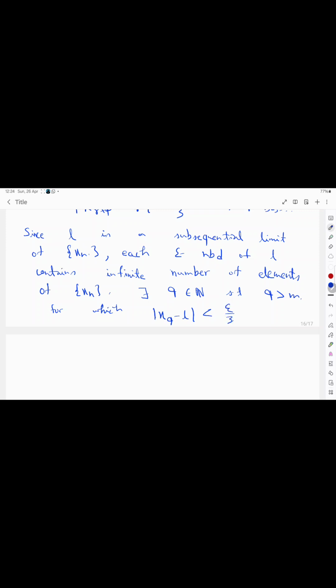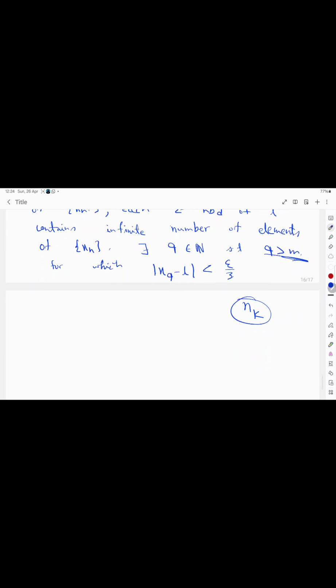Obviously we will get some q for which this is happening, because nk is also a strict subsequence of natural numbers, right? So using the strict property, obviously there will be some number greater than m. So you have this thing.